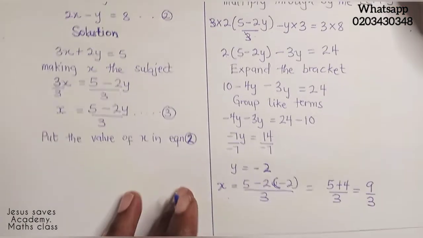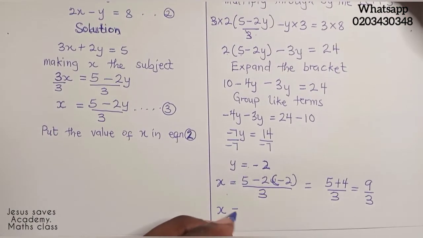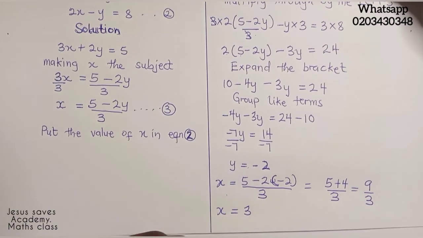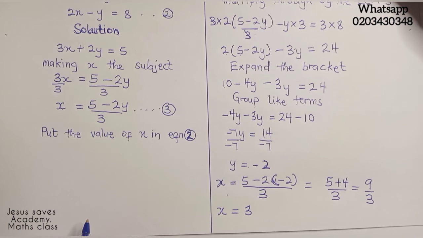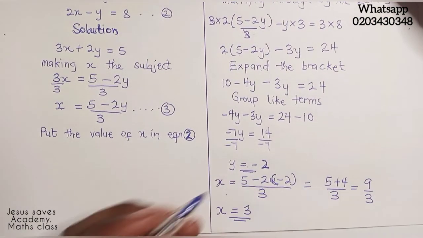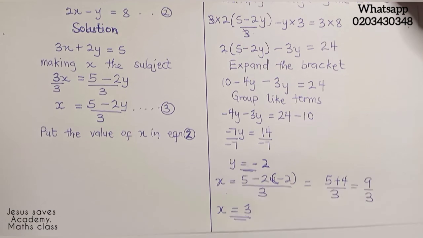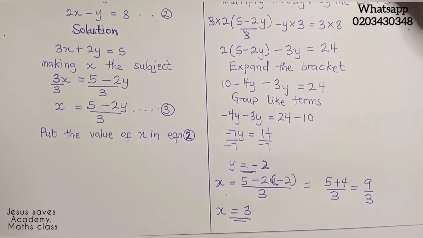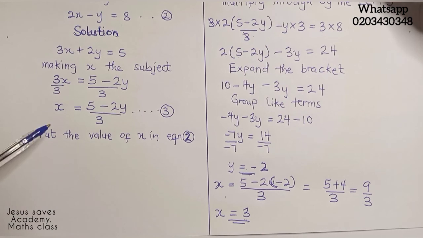So now our x will be equal to 3. So the values are y equals negative 2 and x equals positive 3. I've taken my time so that you'll be able to understand it well.